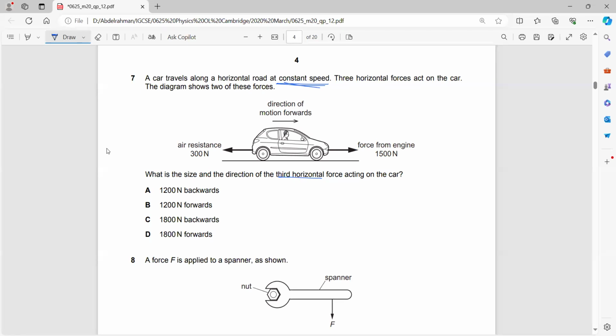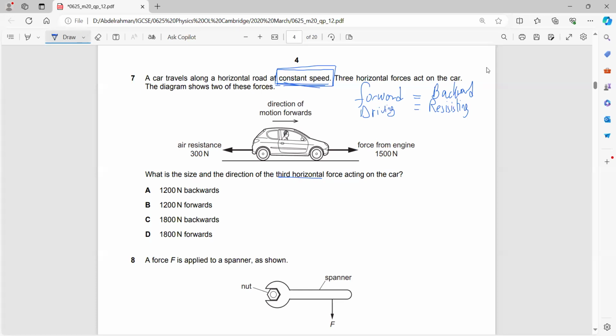The car is moving at a constant speed. If the car is moving at a constant speed, this means that the forward force is equal to the backward force.